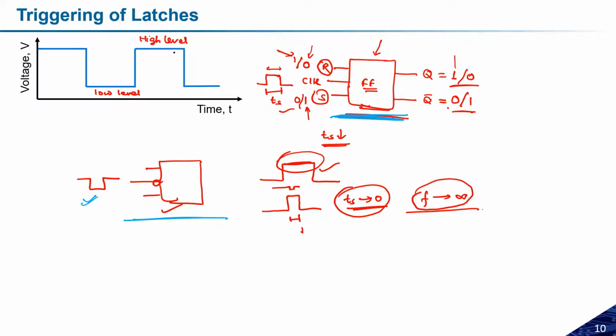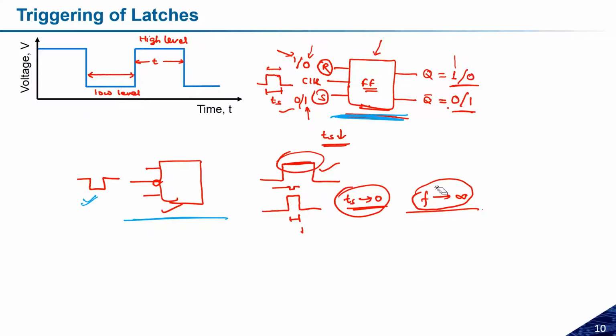If I have a positive level triggered flip-flop, then it will be operated in this time period. Similarly, for the negative one, this is the time period when it will be operated. So this is all about level triggered flip-flops or level triggered latches.